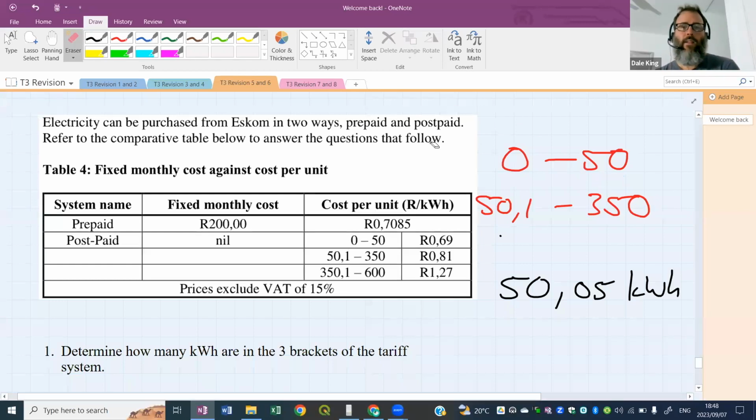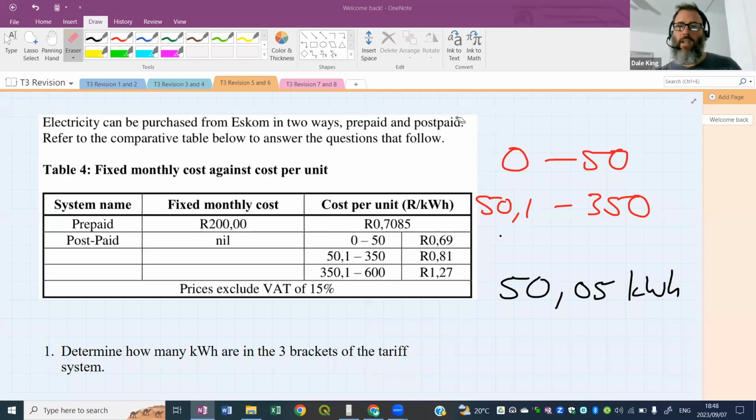The first bracket or the second bracket? Tumeling says the second bracket only starts at comma 1. I've got comma 05, which is before comma 1. Bianca's saying the first one, but I'm over 50. That only goes up to 50. Dilshat's also saying the first one. But guys, I've got over 50. It's 50,05. But it's also under 50,1.